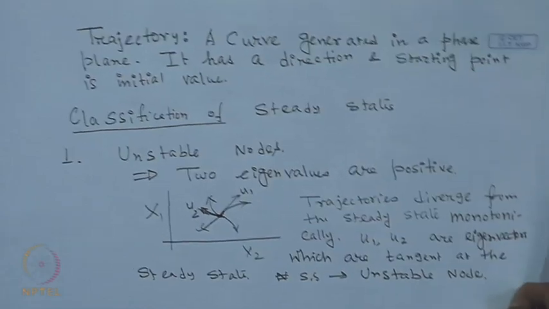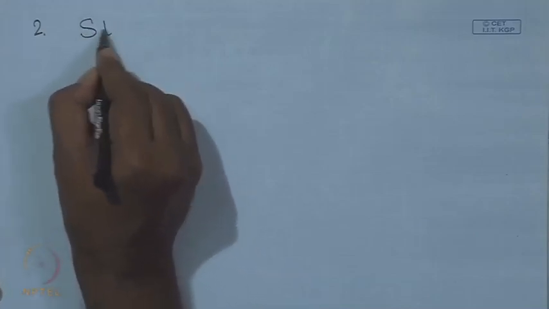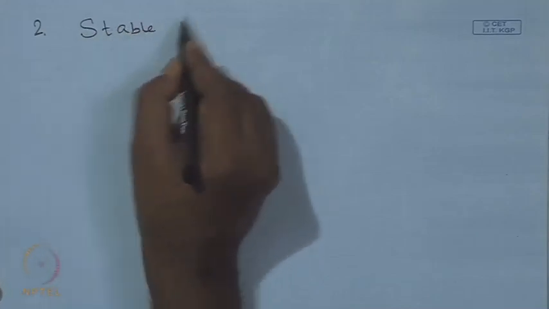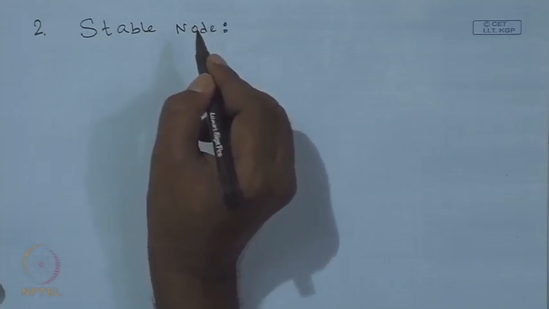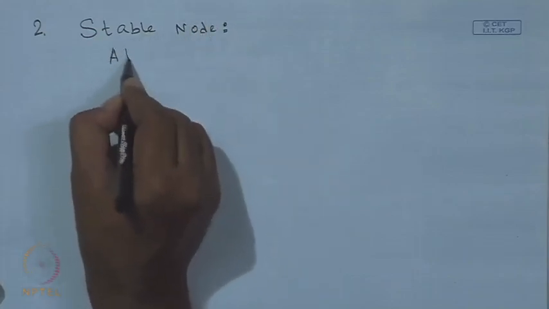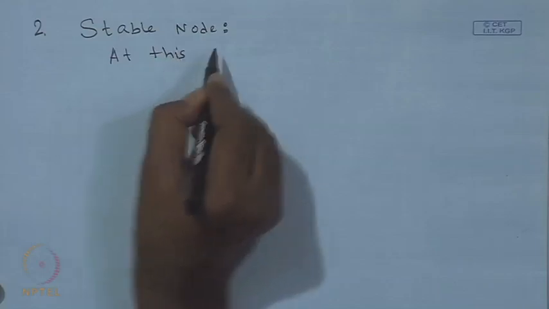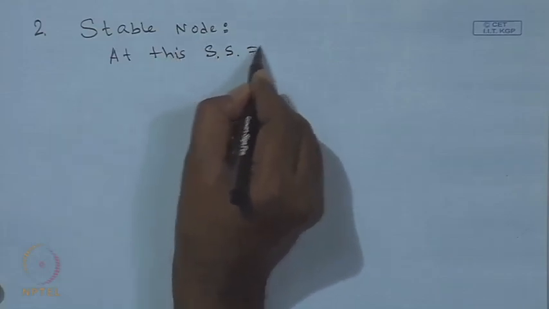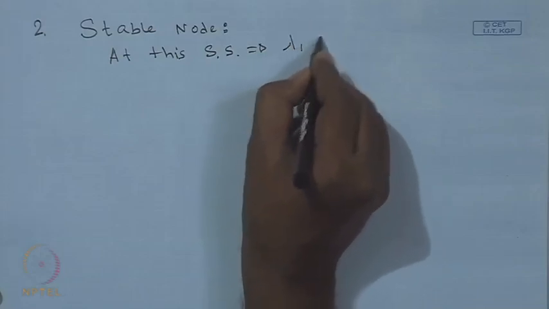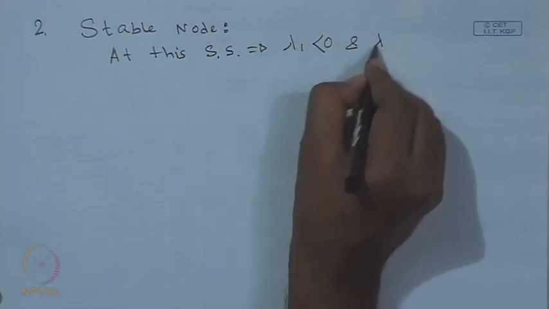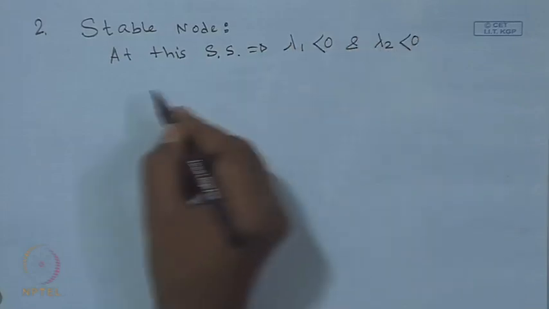Then we talk about the stable node, the second type of steady state. At this steady state, both eigenvalues are negative. So, lambda 1 is negative as well as lambda 2 is negative.